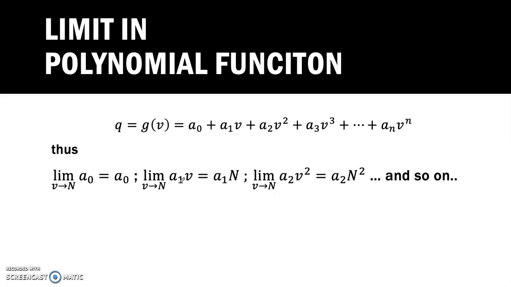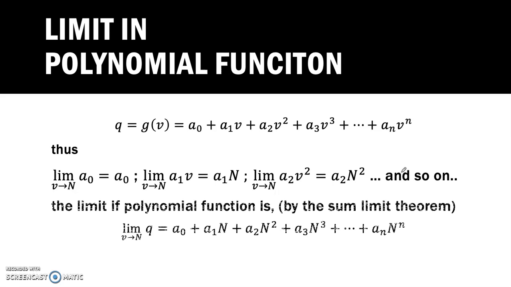And the limit of a1 times v as v approaches n is just a1 times n, and so on. So for a polynomial function, based on the sum limit theorem, the limit of q where v approaches n is just the sum of the limits of each term that we have worked out. So that's it about the limit theorems.